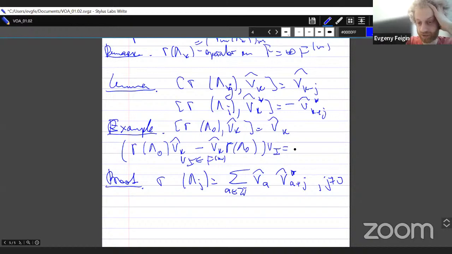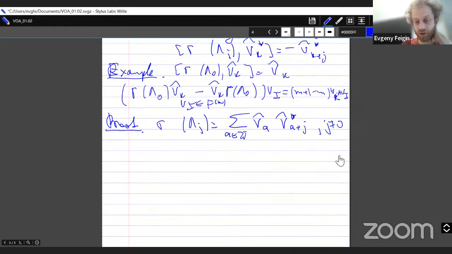And then we apply R of lambda naught, so we're getting m+1 from the first summand. And then we subtract m, and this is applied to v_i, v_k star.